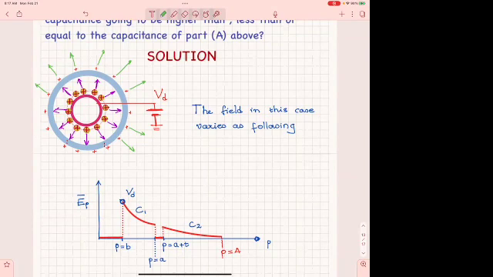The field is going to terminate on other conductors in the vicinity, all right? And if there are multiple conductors, for every conductor they terminate to, there is going to be a parasitic capacitance. So there will be possibly many parasitic capacitances. So what do you do with these many parasitic capacitances? Let's deal with one only, all right?